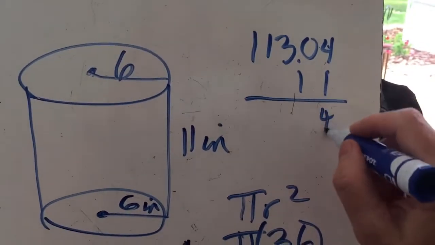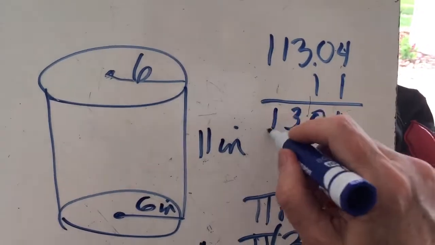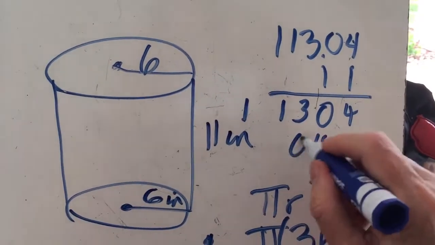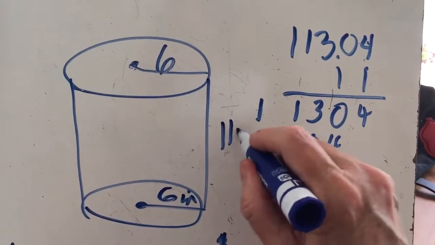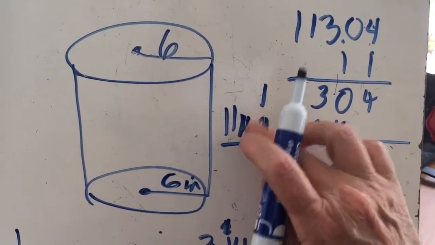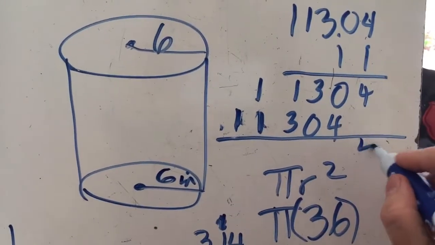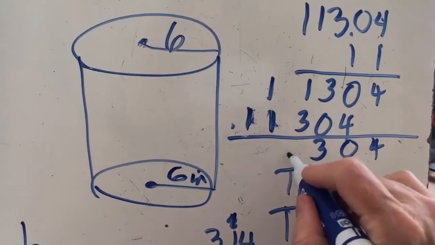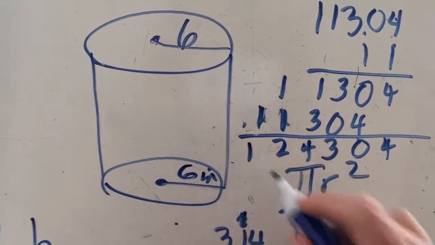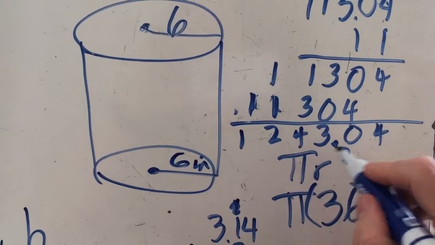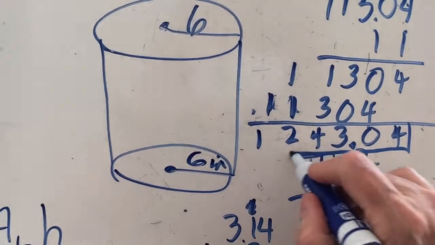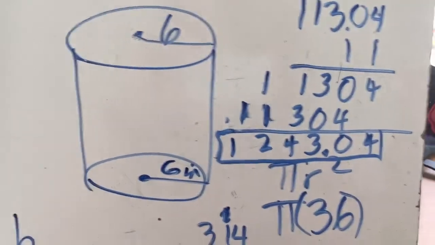Because we just do 4, 0, 3, 1, 1. Okay, so I ran into my other thing over there. Let's take it off. So here we go. 4, 0, 3, 4, 2, 1. 1, 2 decimal places. There is my answer.